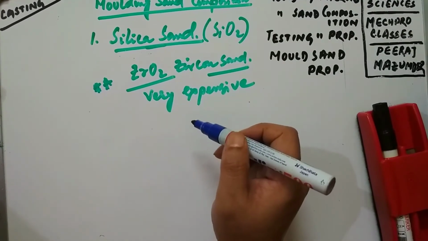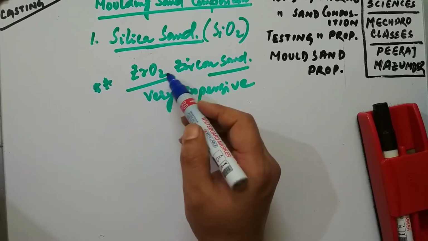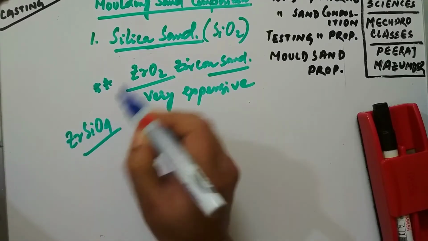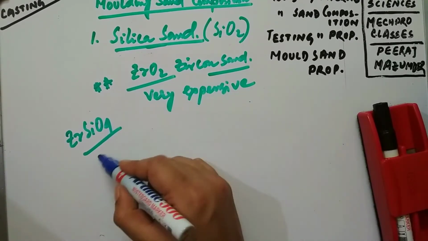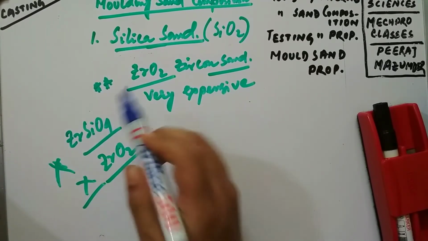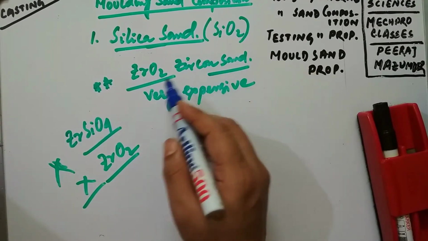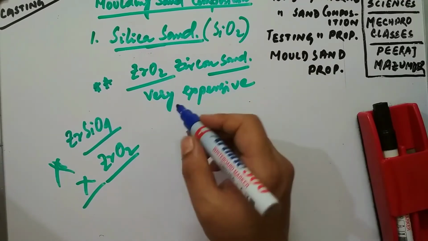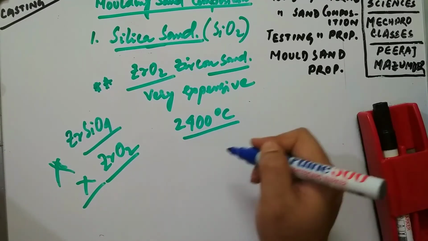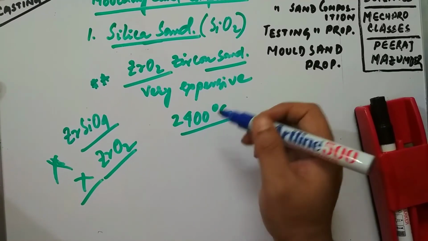This zircon sand is basically known as zirconium silicate, ZrSiO4, and the composition is ZrO2 as well. You need not know these things in depth. Just know that it is available mainly on the Quilon beach of Kerala. It is also not readily available, and it has a very high fusion point of 2400 degrees Celsius, and also a low coefficient of thermal expansion. The other advantages are high thermal conductivity, high chilling power, and high density.